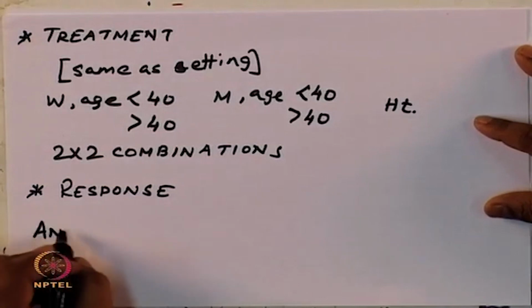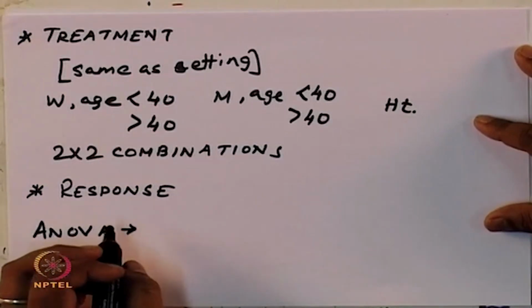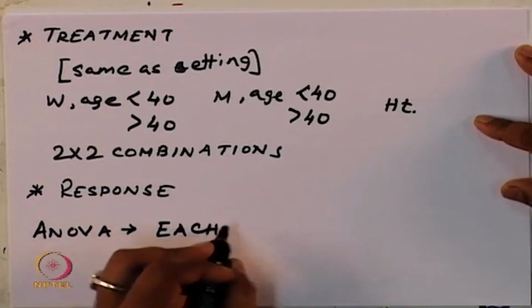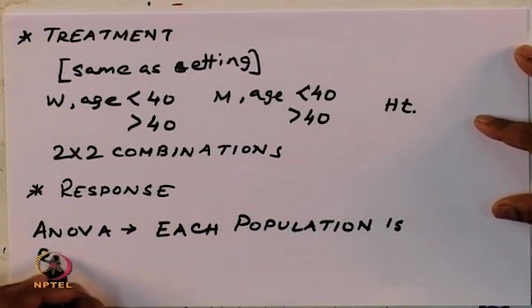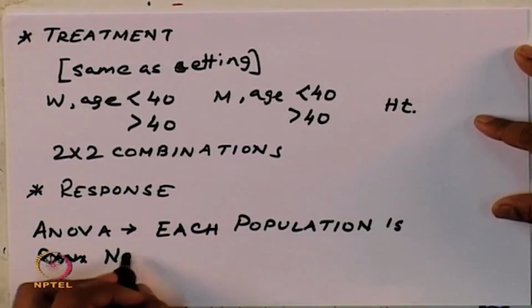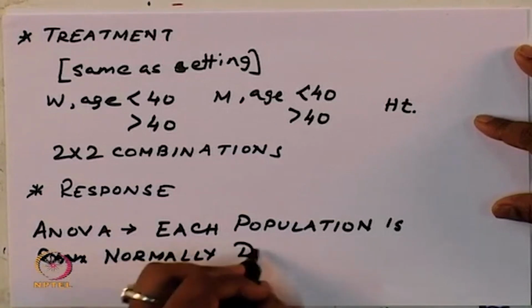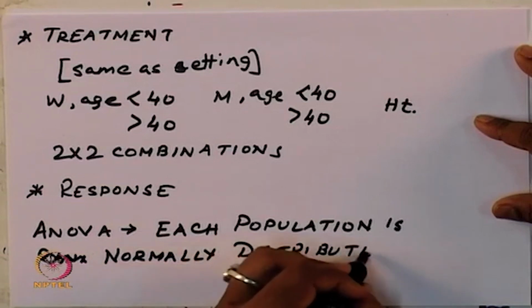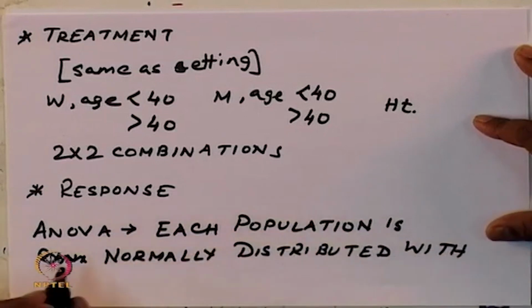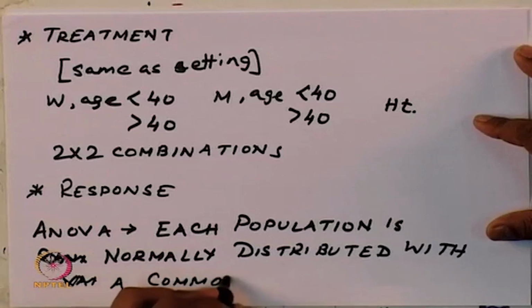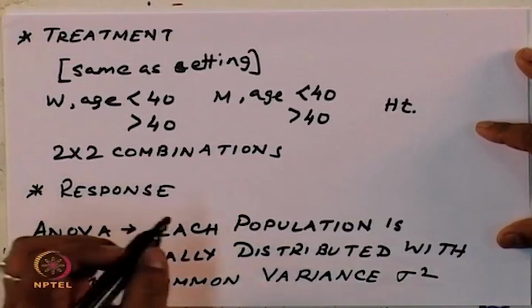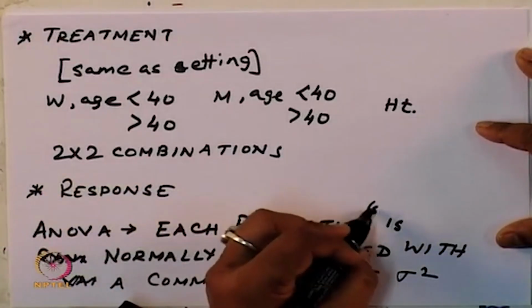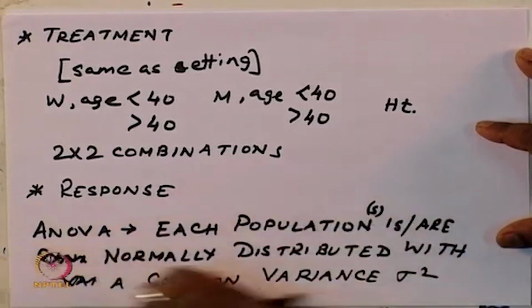ANOVA is based on one assumption, that each population is normally distributed with a common variance sigma square.